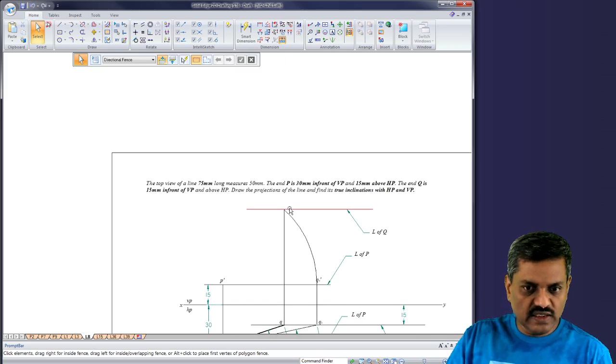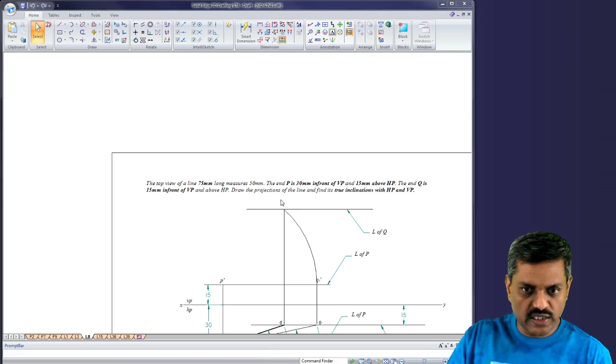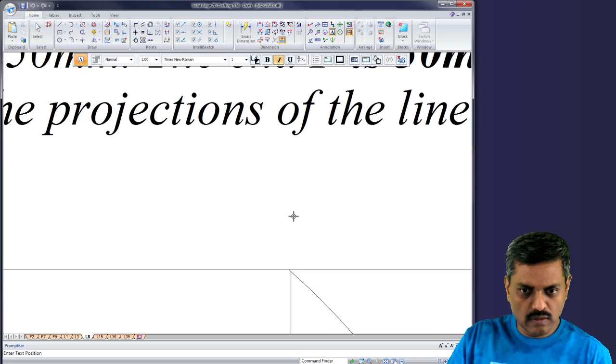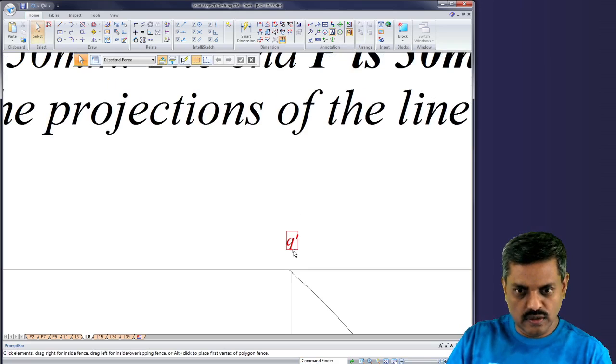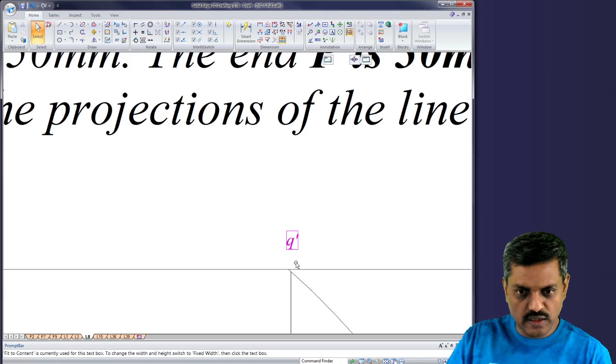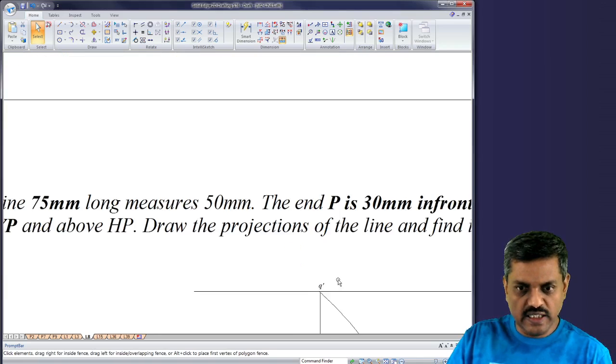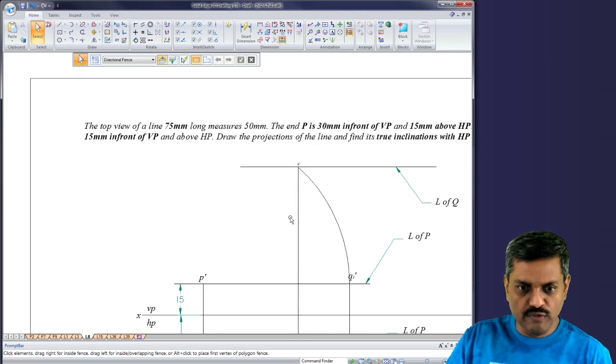Now what is this point? This point is nothing but the point q dash. So if you join P dash and Q dash with a thick line, that happens to be the front view.